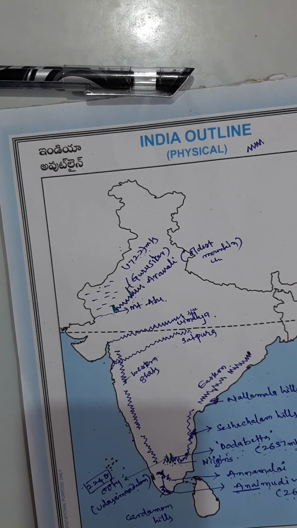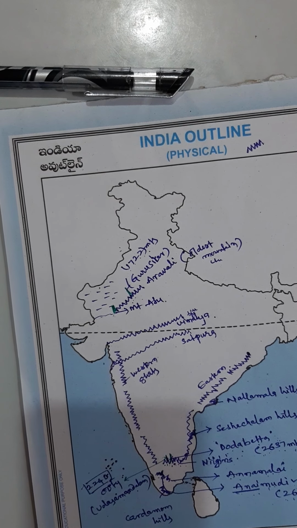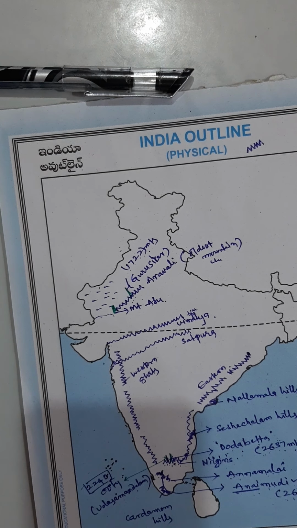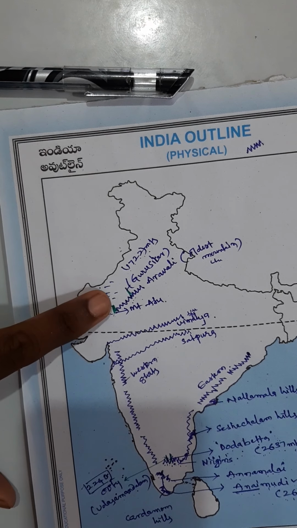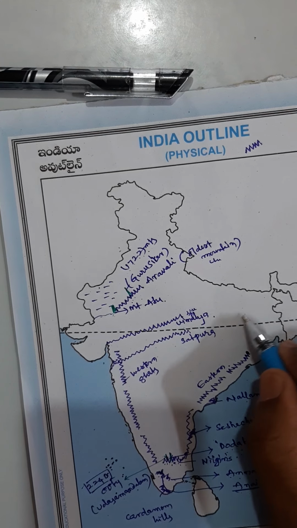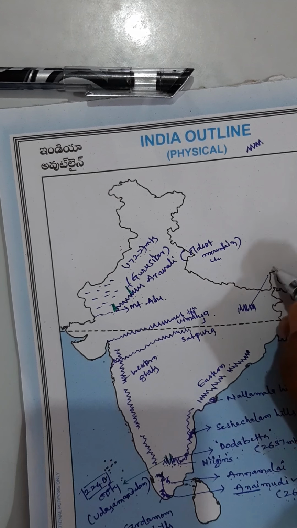That Mount Abu also falls in the Aravali range. But in Aravali, the highest peak is not Mount Abu, it is Guru Sikar. 1722 is the height of Guru Sikar, and this is Mount Abu you are going to learn. Anyway, this is Aravalis, and here you find the Rajmahal Hills.